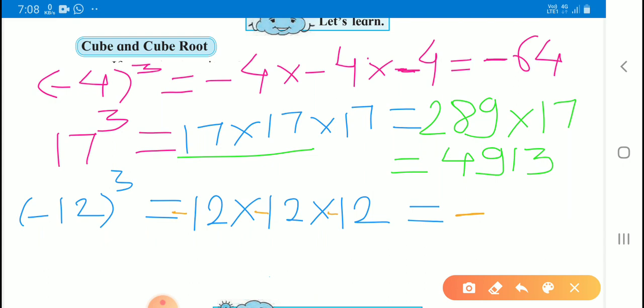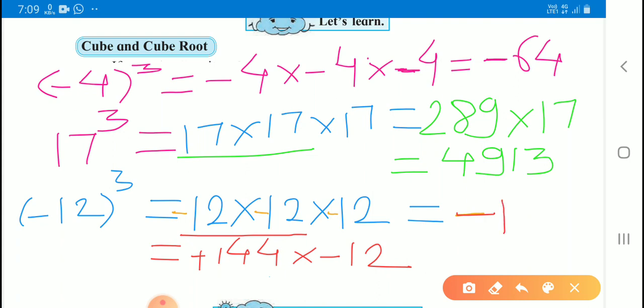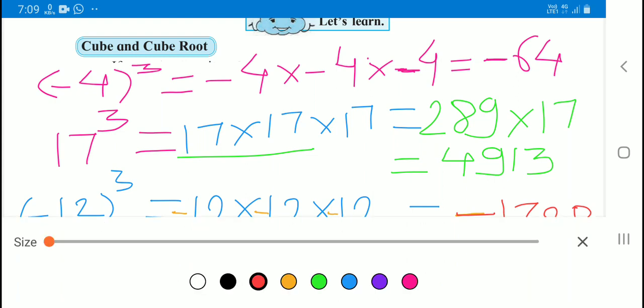If you note, I will write the answer on this side and we will solve the question here. Look, negative 12 into negative 12 is positive 144. We have to multiply it by negative 12, so your answer's sign is negative. Now what is the answer? 144 multiplied by negative 12, the answer is negative 1728. Like this way you have to solve the examples.